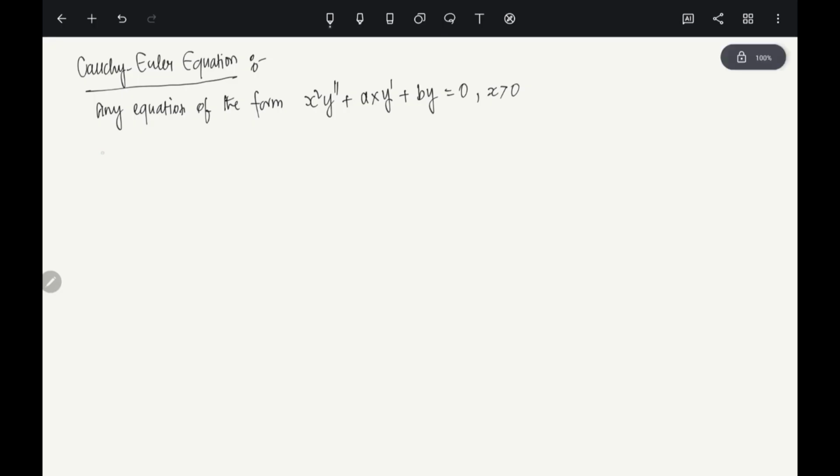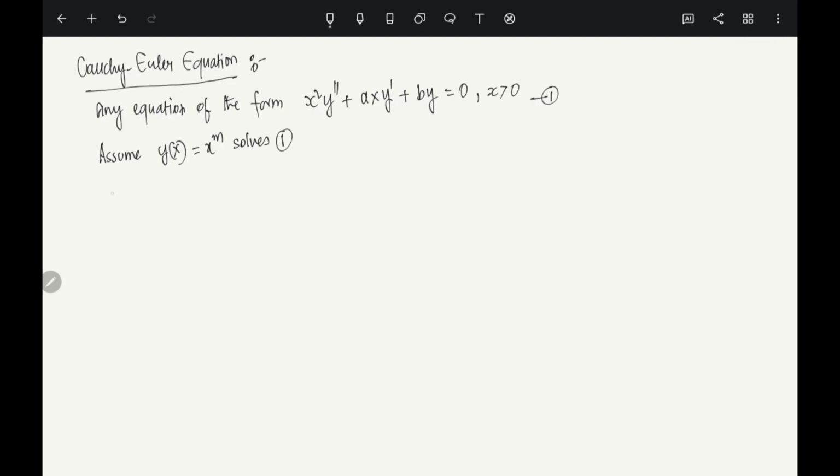Let's assume y of x to be x power m, which solves equation 1. Then you can calculate y prime and y double prime and put them in.